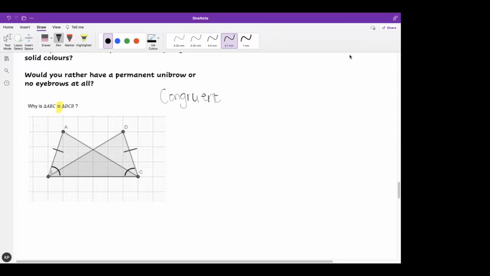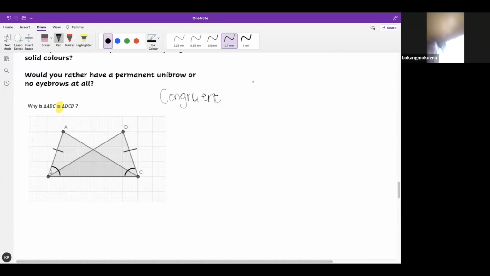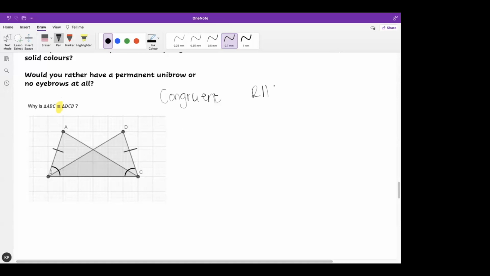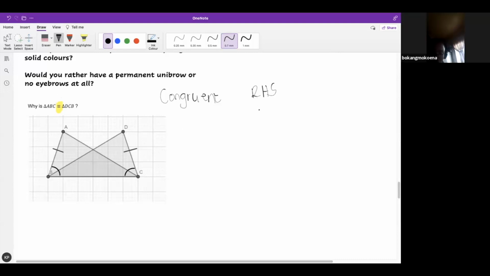Put it in the chat. Do you remember any of the conditions? Yes, Bokang is back. And then we are going to see if we have RHS or ASA.